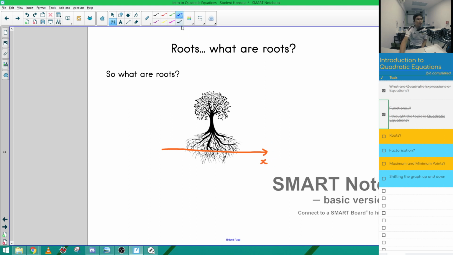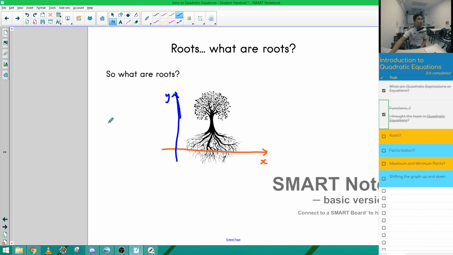So let's also draw in the y-axis. Please pardon the scratchy drawing. So that's our x and y axis. I want you to think of the x-axis as the ground, and roots are something that gets stuck on the x-axis.